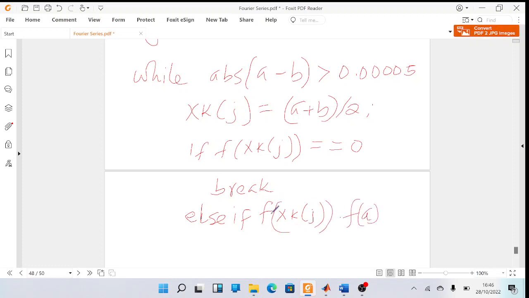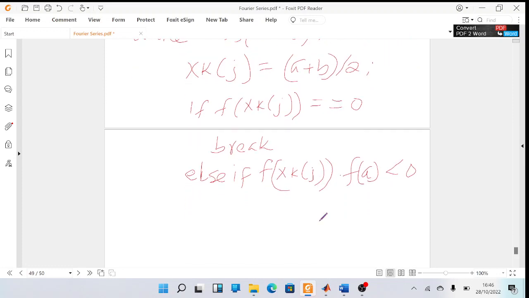Remember that xk j is what we were calling c when we computed up there. c is equal to a plus b divided by 2. So if this quantity is negative, then the root lies between a and xkj.